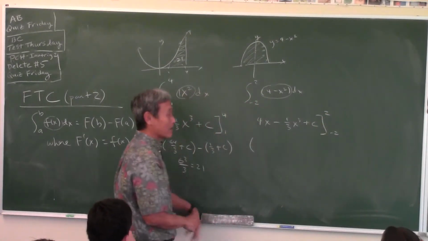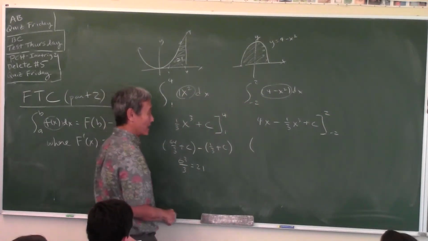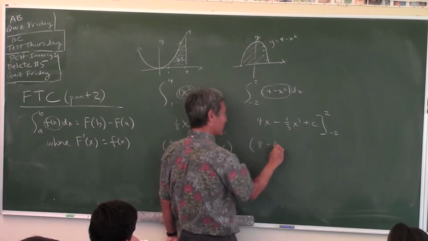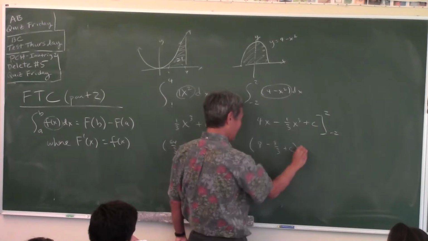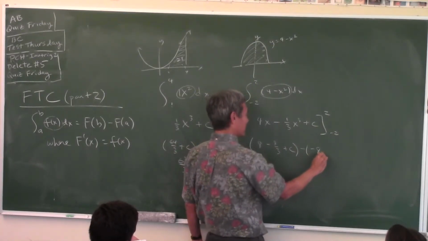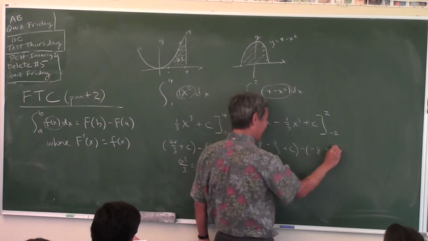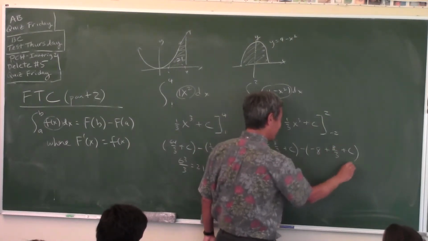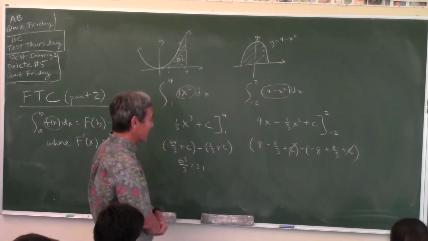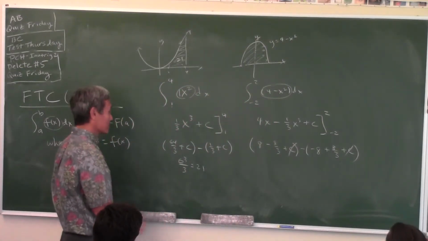So all you have to do now is plug in the top number, bottom number, and subtract. So what happens when I plug in 2? 8 minus 8/3 plus c. Now plug in -2. -8 plus 8/3 plus c. The c's cancel out there. Are the c's always going to cancel out? Yes, they will. The c's are always going to cancel out.